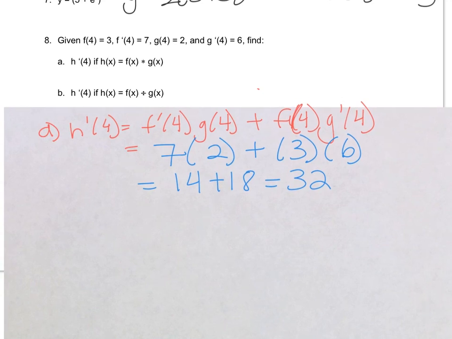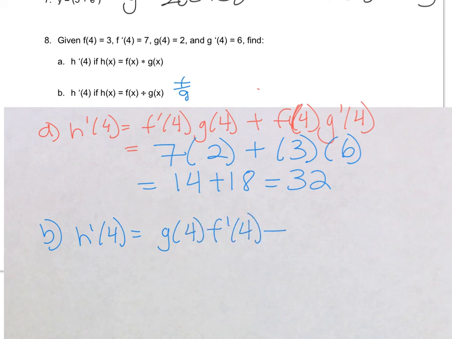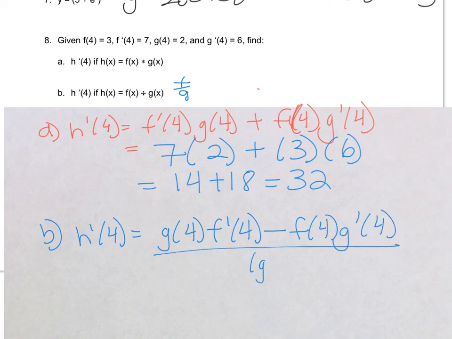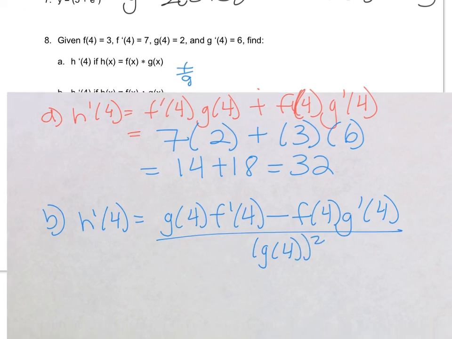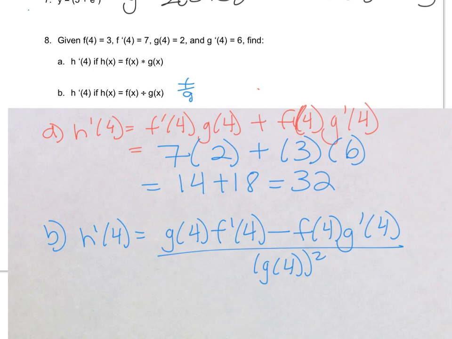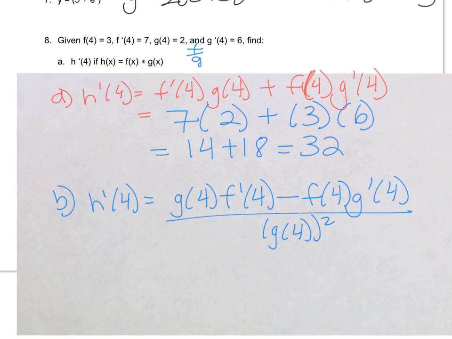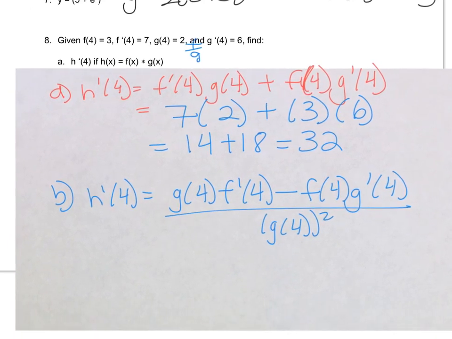We're going to do the same thing for b. Since this is f over g, we get low d high minus high d low all over low squared. Now I just need those values.